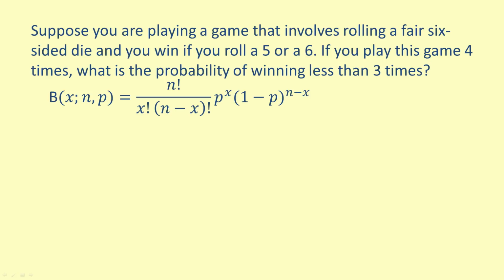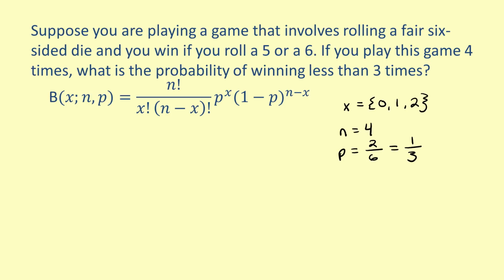In this case, we're interested in the probability that our number of successes is fewer than 3, which means we're interested in the probability that x equals 0, 1, or 2. We play the game 4 times, so we have n equals 4. As in our previous example, there are 2 winning rolls out of 6 possible outcomes, so the probability of success is p equals 2 over 6, or 1 over 3.